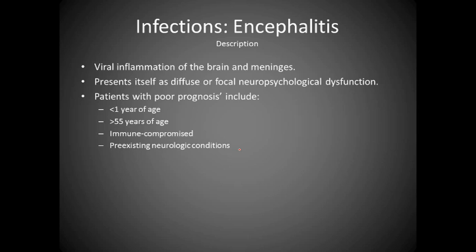Patients with poor prognosis include patients less than 1 year of age, greater than 55 years of age, immunocompromised, and or having pre-existing neurological conditions. If we'll notice, the immunocompromised typically do fall into both of these categories. People greater than 55 are at risk, and patients who are less than 1 who have not built up an immune system to the full extent are in this category.